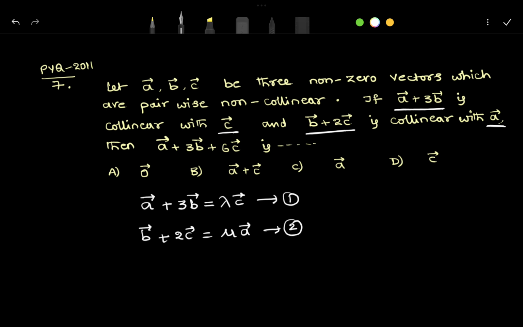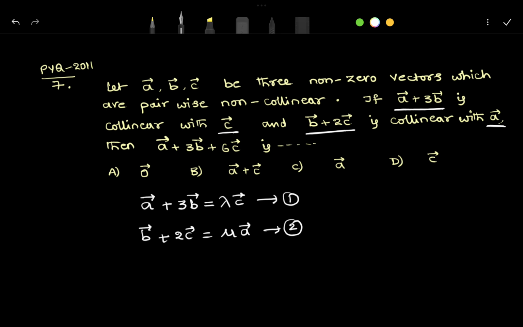So now by using these two equations you convert the result in terms of two vectors. Every pair, A bar B bar or B bar C bar or A bar C bar, are non-zero vectors which are pairwise non-collinear.